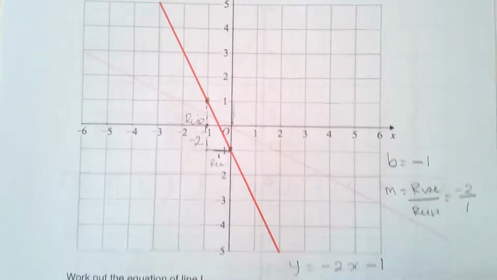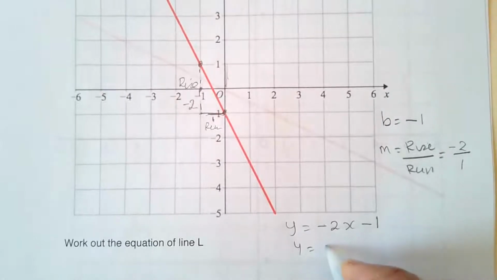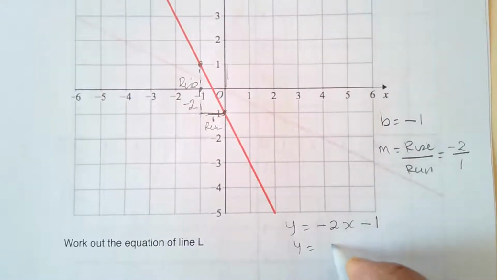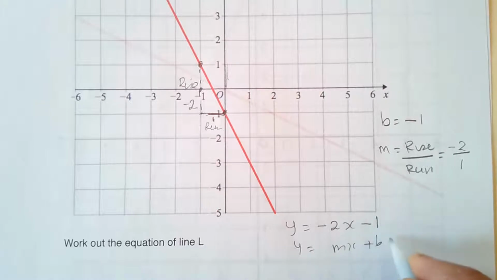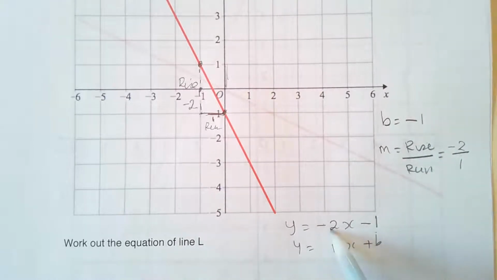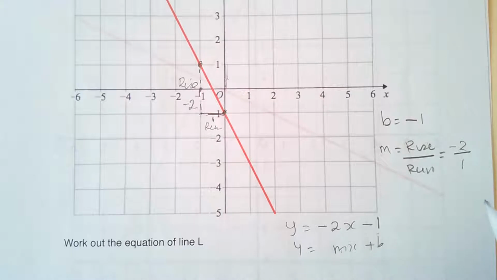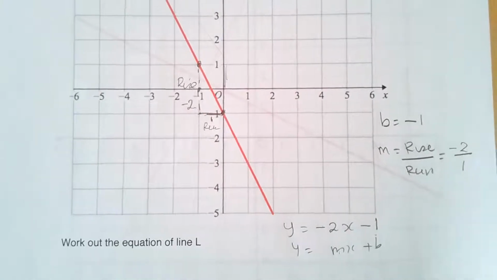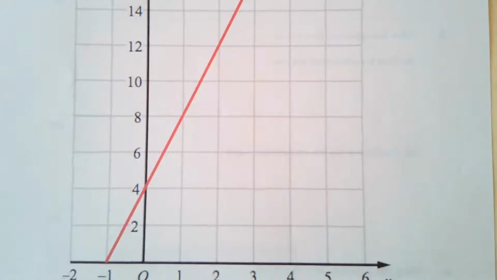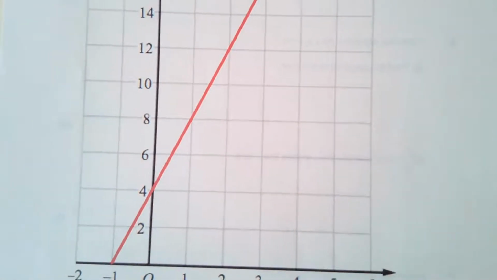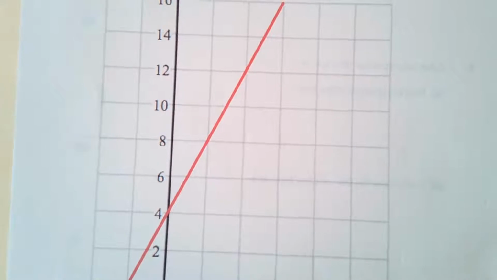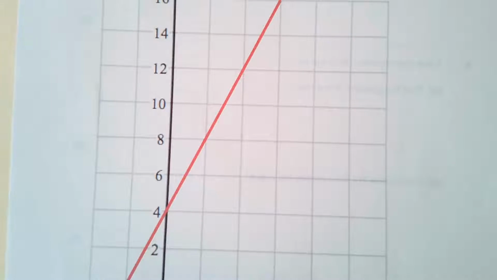Or y is equal to mx plus b. So your b here is -1. Your m is -2. So this indicates to you your negative slope. So try this example. Another example is on your first assignment. So find your y-intercept and then derive your slope using the slope-intercept form.